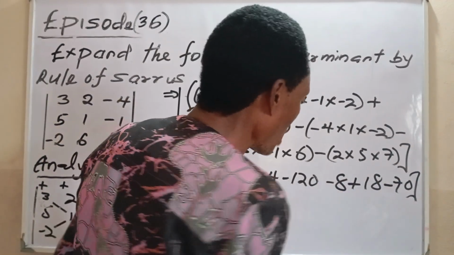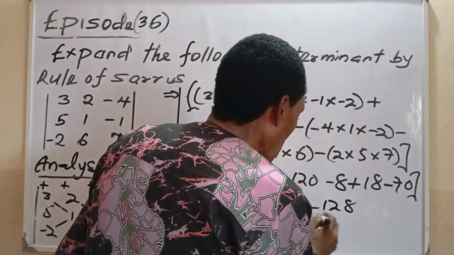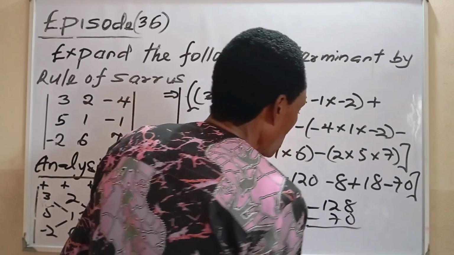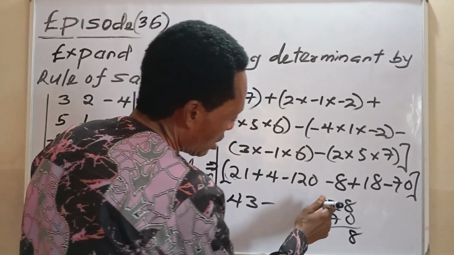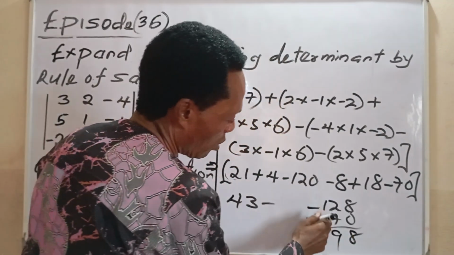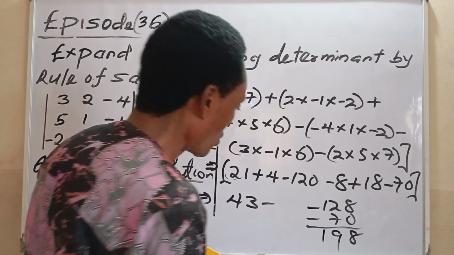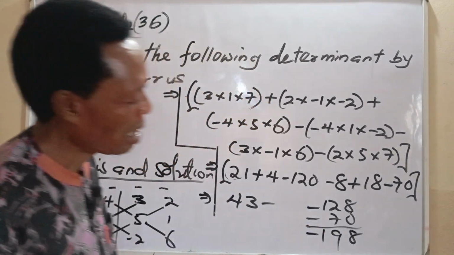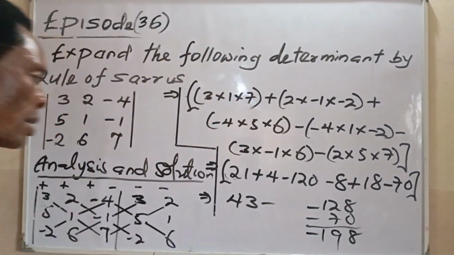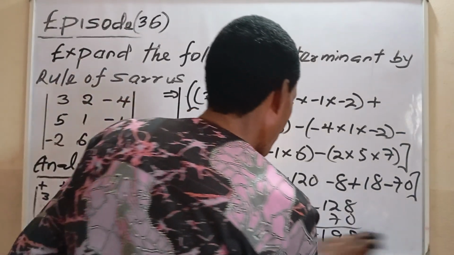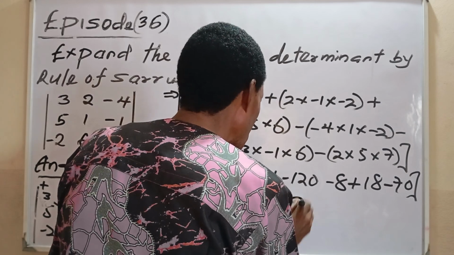Minus 128 minus 70: minus we turn to plus. 8 plus 0 is 8, 2 plus 7 is 9, then here you have 1. So that's minus 198.